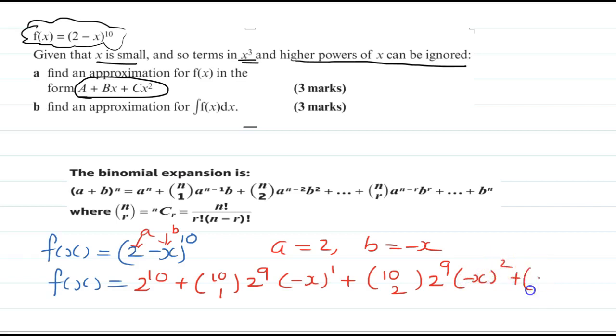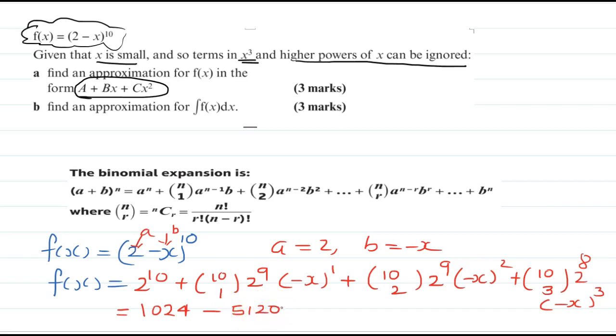Next term will be 10 and 3, 2 to the power 7, and (-x) to the power 3, and so on. Once we simplify it, 2 to the power 10, you can use a calculator for this, is 1024, and this minus and plus becomes minus.